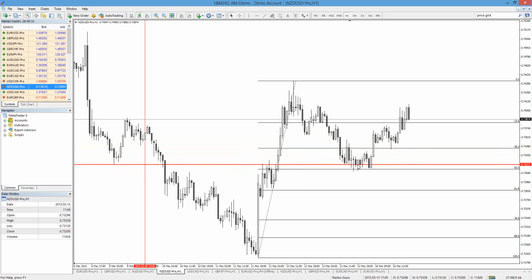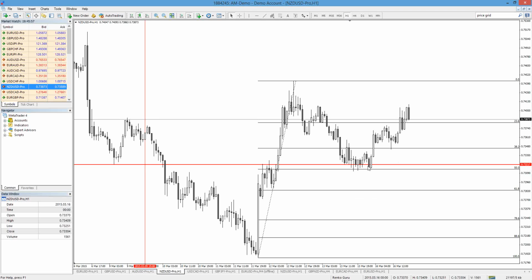Look how 73.20 is holding the price. So I would really love to see some nice pullback. This is 1 hour time frame, Greg. And if the price makes a pullback to 73.20, I think that we can see a nice rejection.